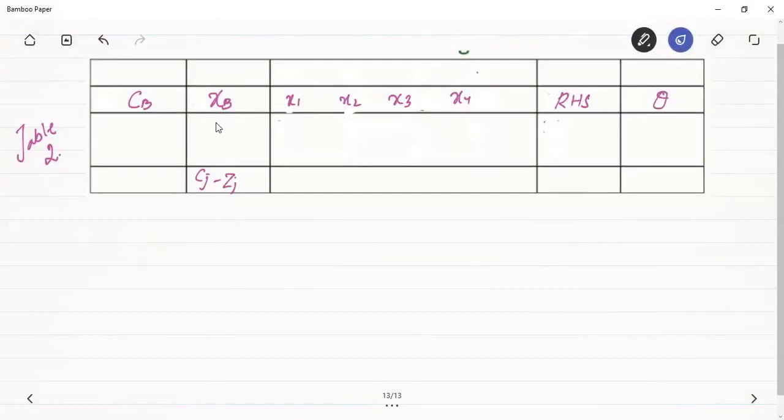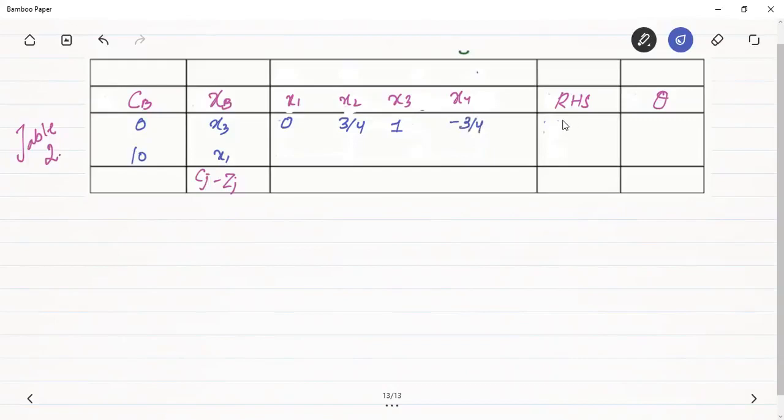यहाँ पे क्या क्या था बेसिक? मुझे बताइए फिर से. x3 और x1. X3, X1. Their cost coefficient was 0 and this was 10. अब एलिमेंट्स क्या आए थे यहाँ पे? So 0. 0. So 3/4. 3/4. 1 minus 3/4.